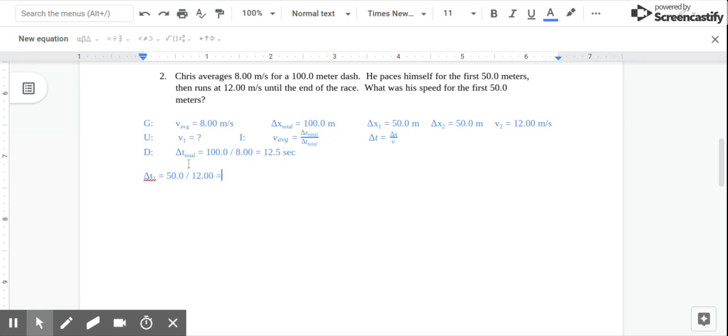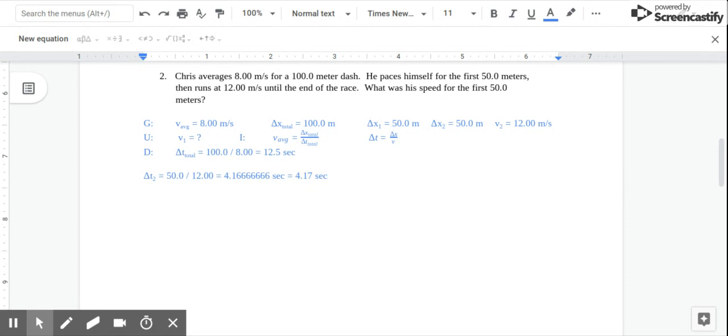Again, we've got 3 sig figs and 4 sig figs, so my answer is going to be in 3. I do 50 divided by 12, and that gives me 4.16 repeating. Rounding to 3 sig figs, those are the first 3 digits, I look at the next digit, which is 6, so I round up to 4.17.